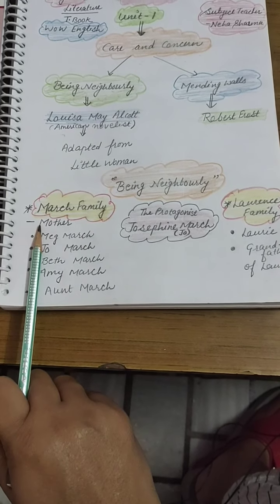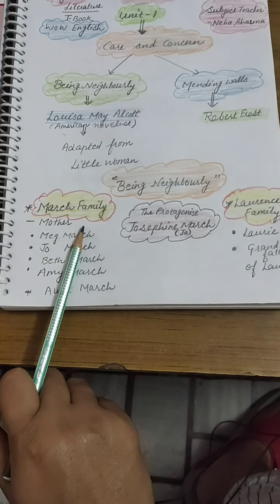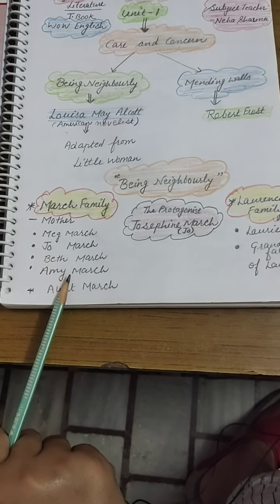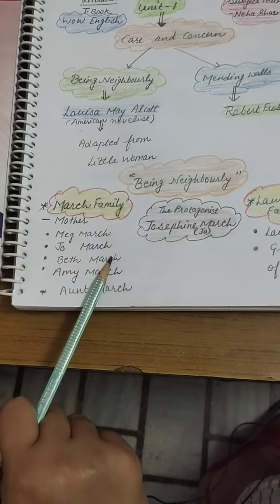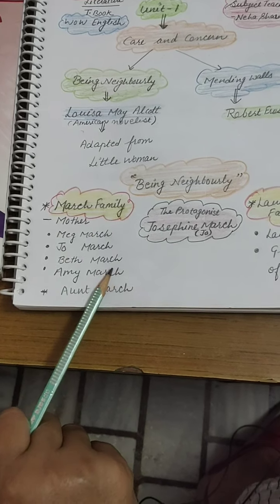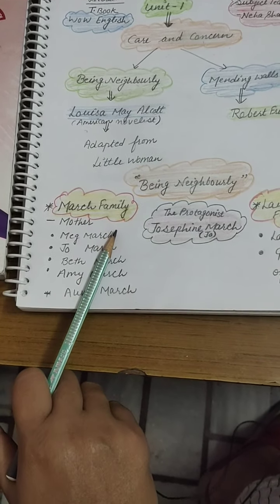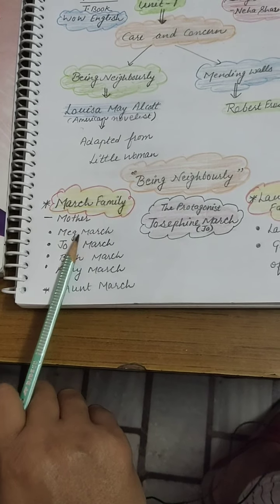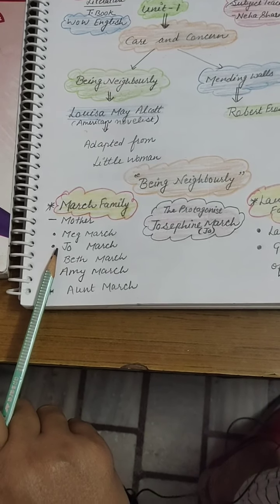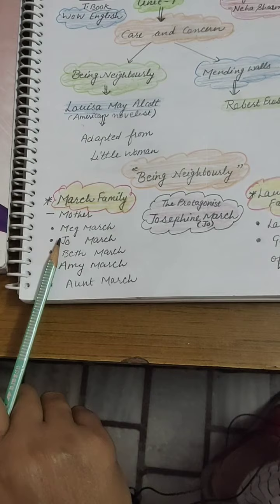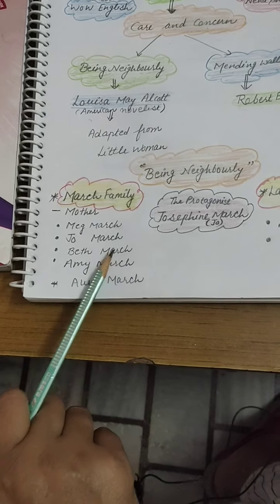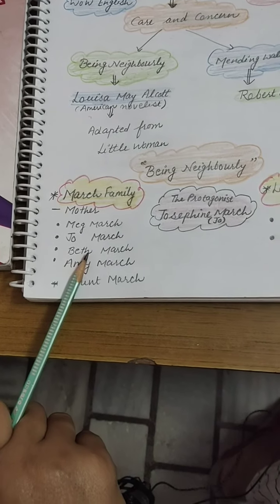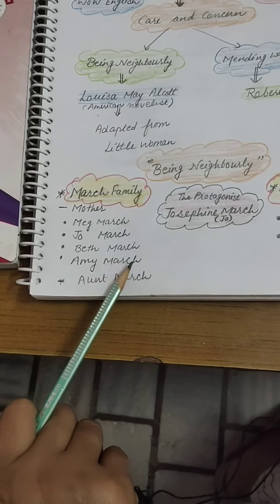March family is having a mother, and she is having 4 daughters: Meg March, Jo March, Beth March and Amy March. So Meg March is the oldest sister. Second one is Jo, and the third of the March girls is Beth March, and the youngest of the March girls is Amy March.